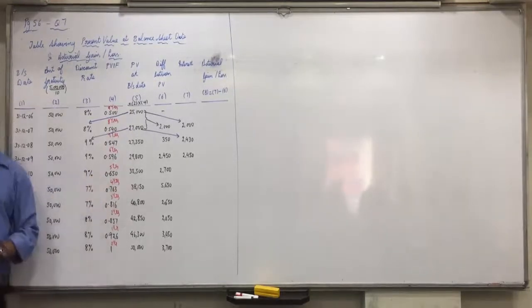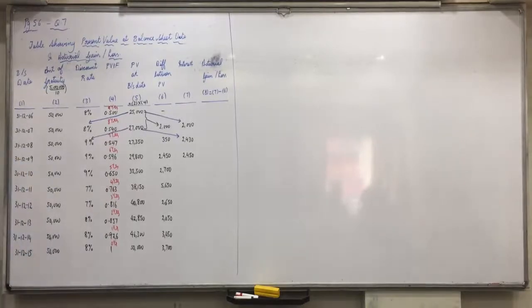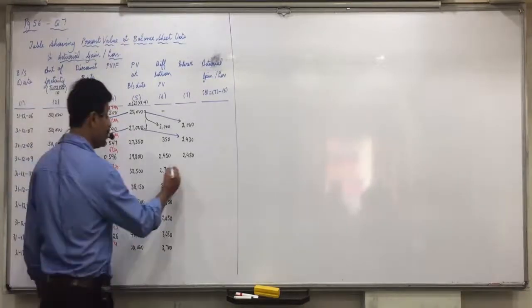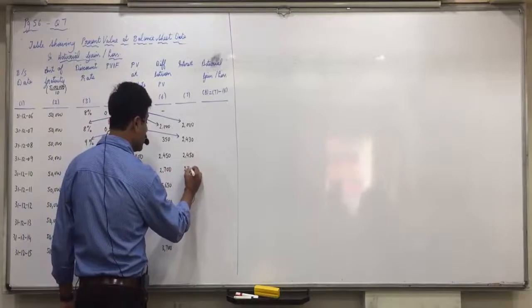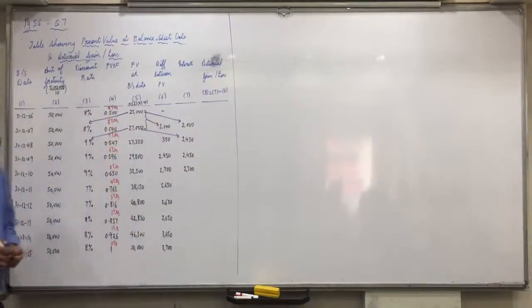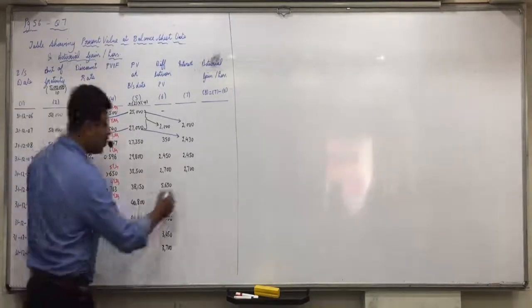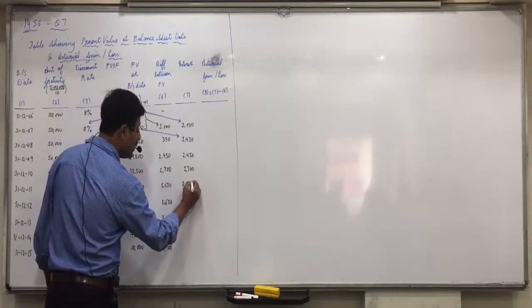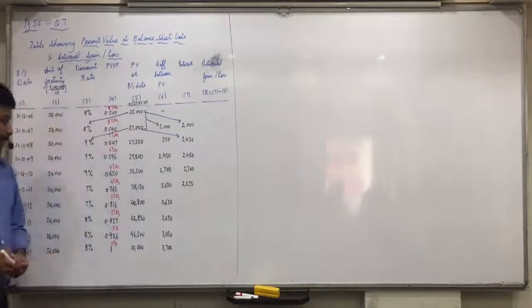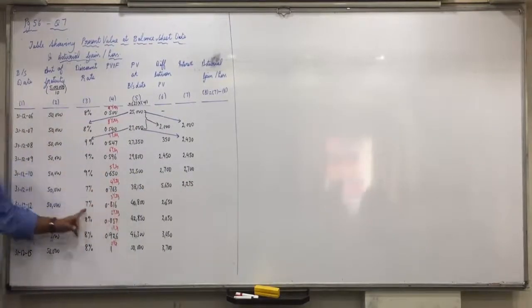29,800 into 9%. 2,682. This also will come to 2,700 only. Okay. Then 32,500 into 7%. 2,275. Then 38,150 into 7% will come to 2,650 only.